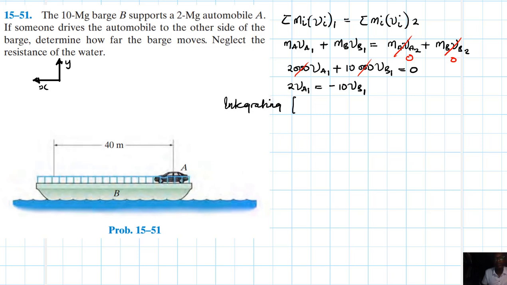Integrating with respect to time, we'll just have 2 sA1 is equal to minus 10 sB1.